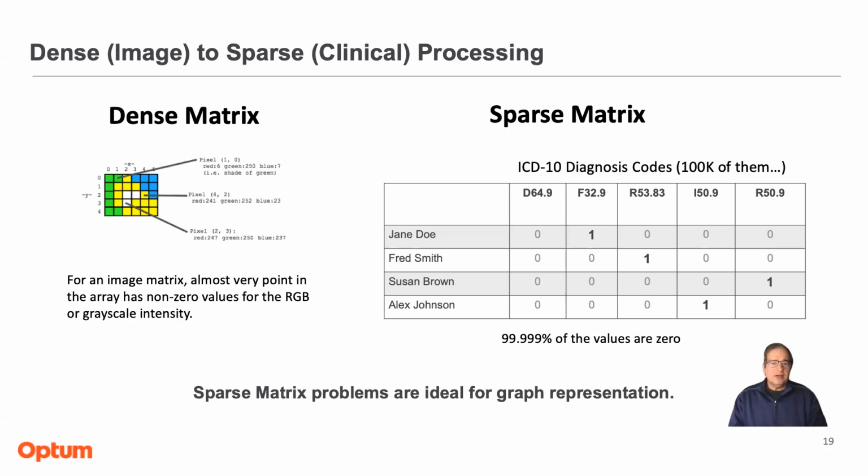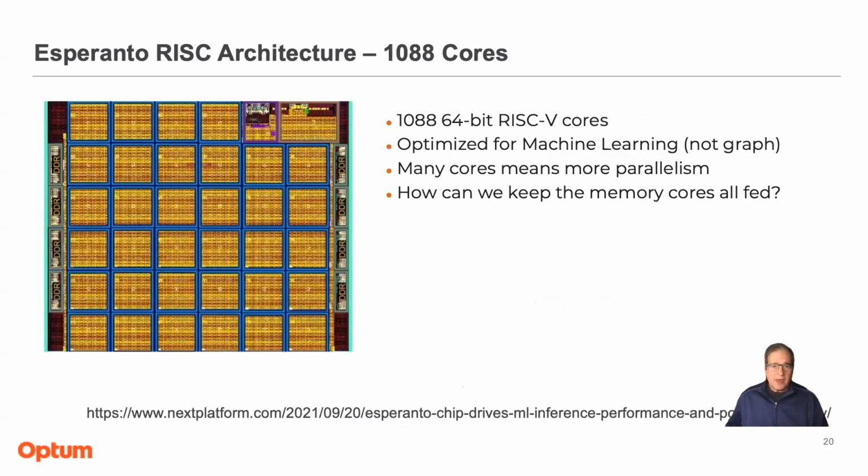But when we start to look at patient data and diagnosis codes, we have a very, very sparse problem where only 0.001% of these values are non-zero. That just doesn't lend itself to GPUs and using GPUs to solve those problems.